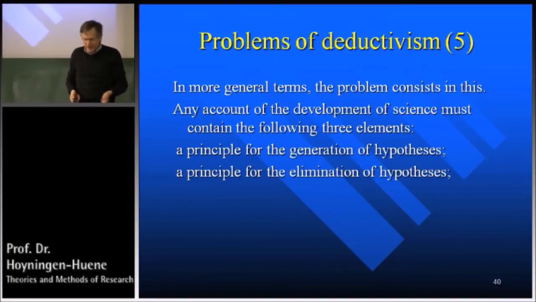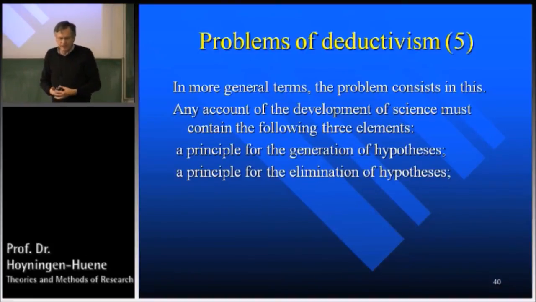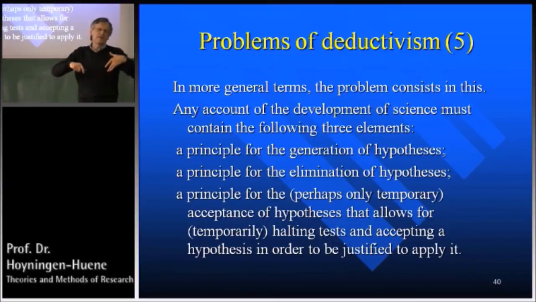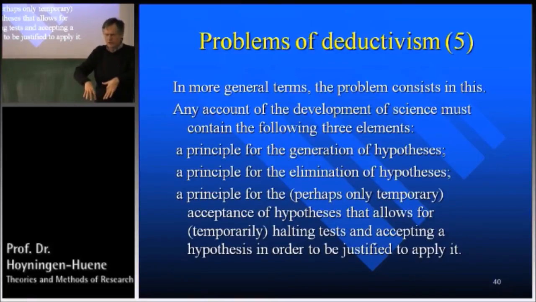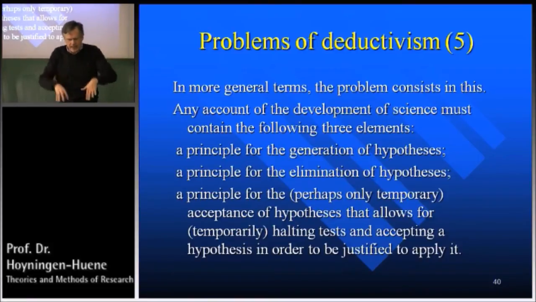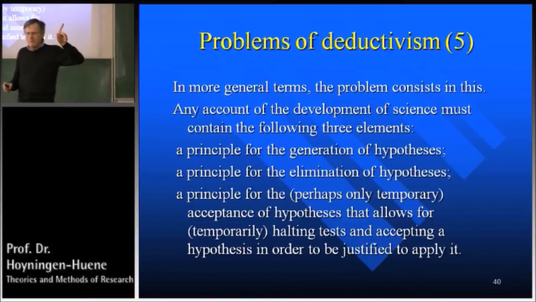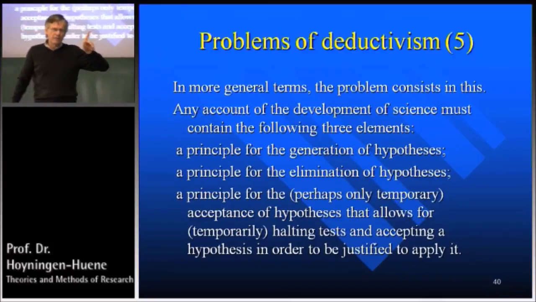We have stories for that, but here is another principle that you definitely need, and that's a principle for the perhaps only temporary acceptance of hypotheses, in the following sense: you are allowed to temporarily stop testing, not continue testing, and accept the hypothesis in order to be justified to apply it. Why? Remember, why do we want these general hypotheses?